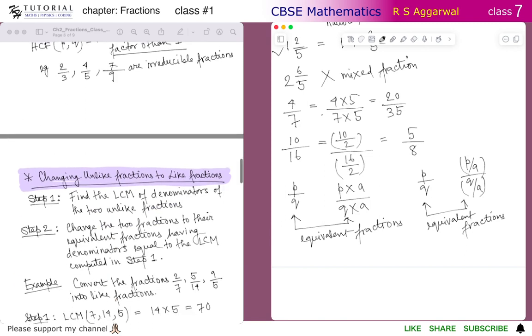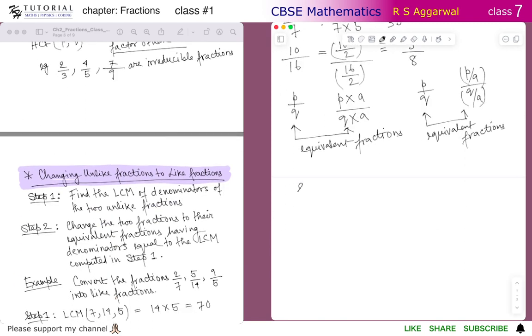But let's say 2 by 4 is not irreducible, because the numerator and the denominator, 2 and 4, have a common factor of 2, and so the HCF of 2 and 4 is not 1. So this is not an irreducible fraction, meaning it can be further reduced to another equivalent fraction.